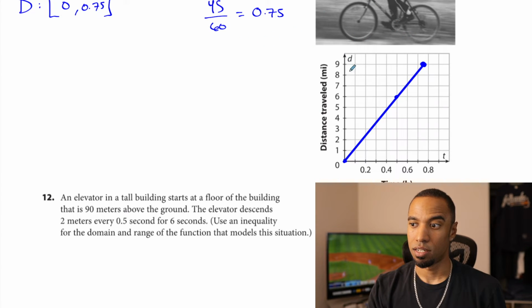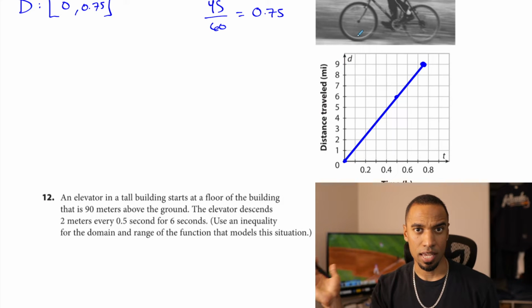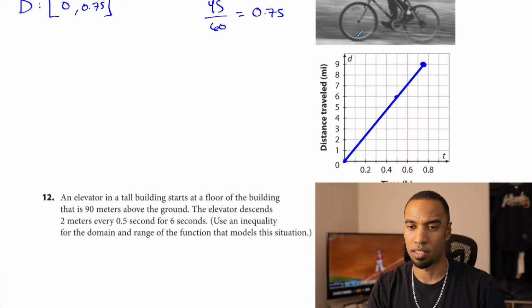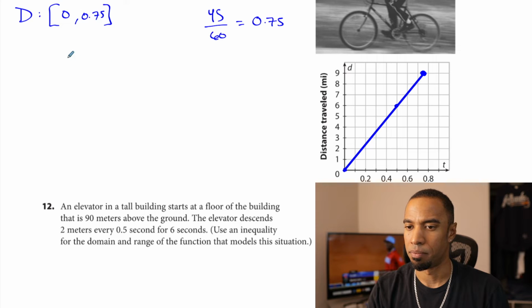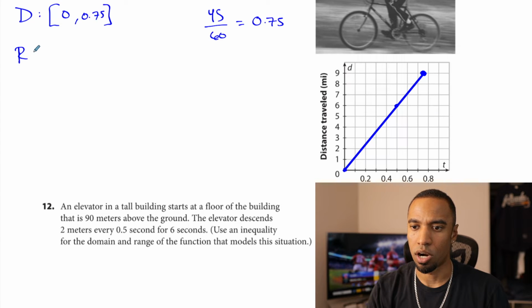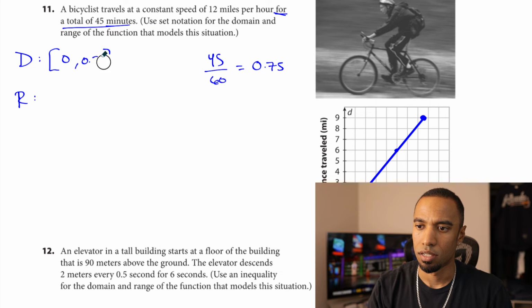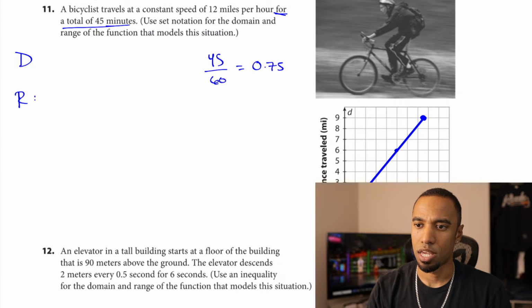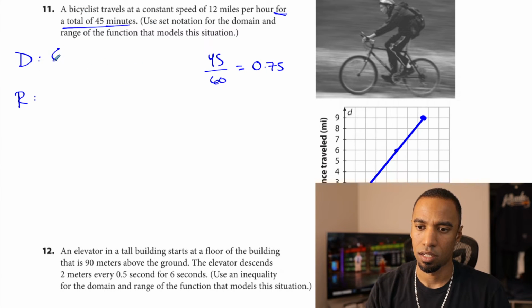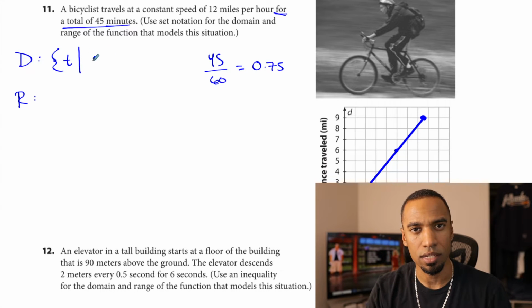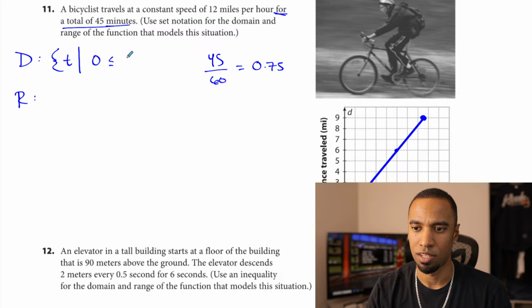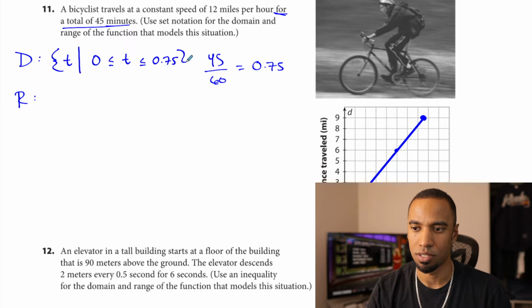Now that's at 9, and if you're questioning whether or not it's exact, I can tell you right now that it is exact. That is where it's going to land there. So our range, oh, I'm sorry, they want set notation, don't they? Not interval notation. Set notation would look like the t values such that t is between 0 and 0.75, because this is represented in hours.